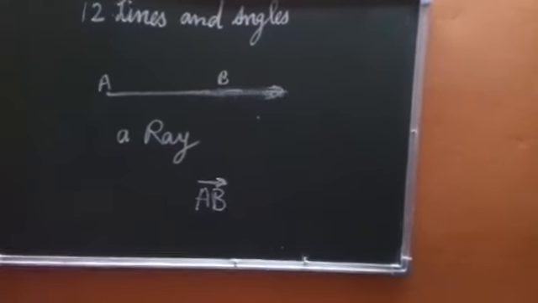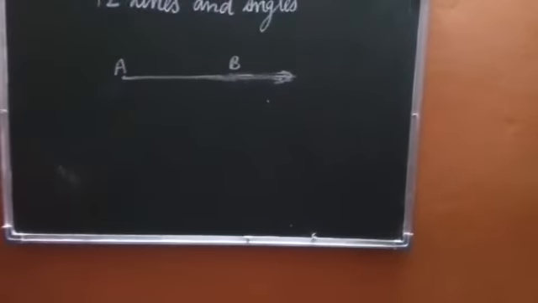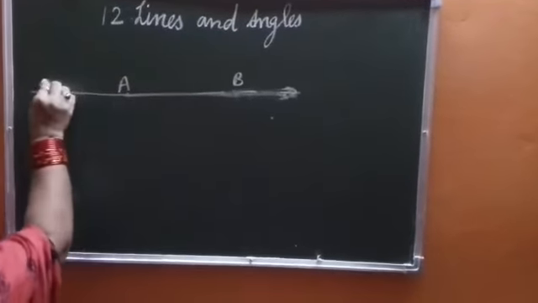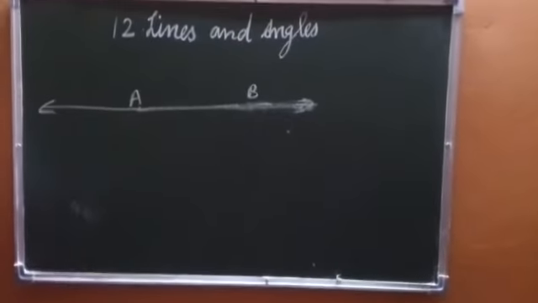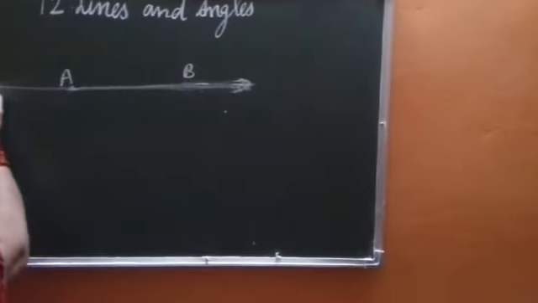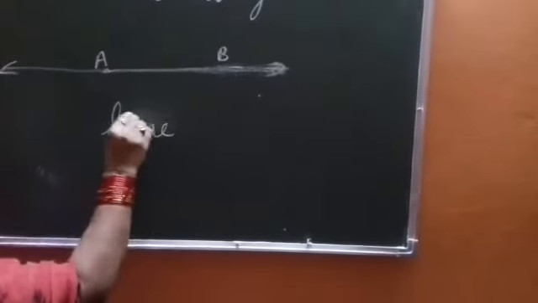Now if this ray we extend in another direction also, like this. Now what has happened? We will get a figure in which it could be extended in both the directions. This type of figure is called a line.